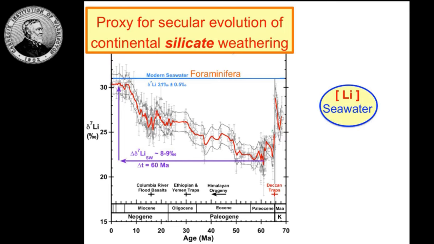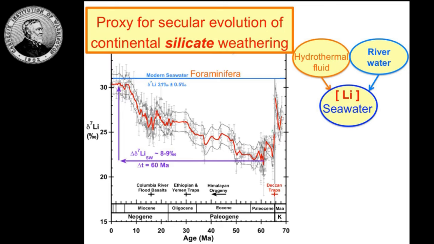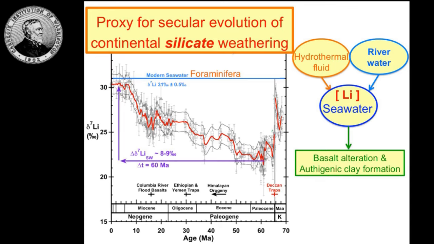However, if we consider a mass balance in current seawater, we have two important inputs, which are hydrothermal fluid as well as river water, where the river water reflects continental weathering. And also we have outputs for the seawater: lithium in the seawater is removed through authigenic clay formation and also basalt alteration under the seafloor, both of them taking lithium from the seawater.